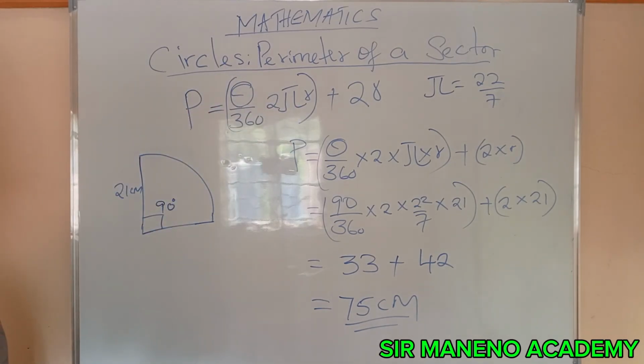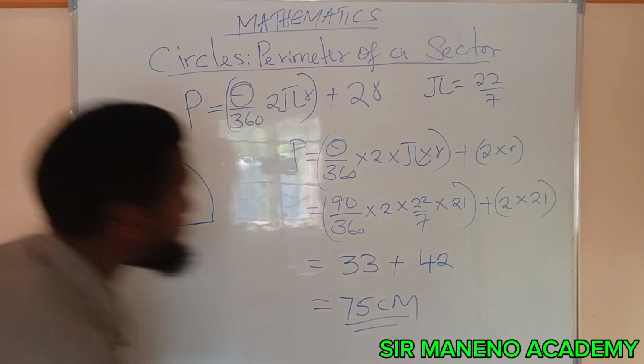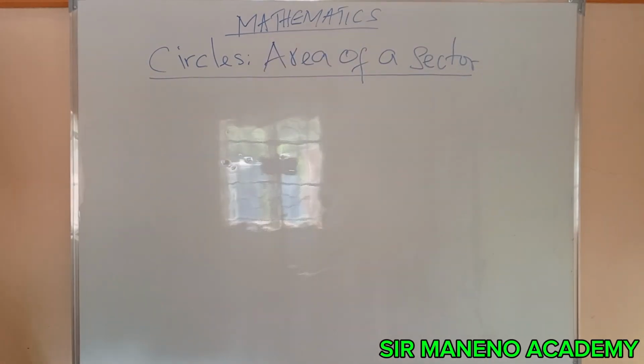Now, having seen the perimeter of a sector, I want now to talk about area of a sector. I believe and I know we know what a sector is. A sector is part of a circle. So how do we calculate area? We've seen how we calculate perimeter. So how do we do when it comes to area of a sector?